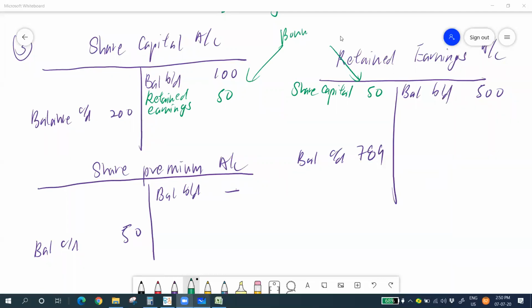This is related to the bonus issue. Class, can you understand this entry? Any questions so far? Okay, no question. So this is the transaction for the bonus issue. So we look at the next information.